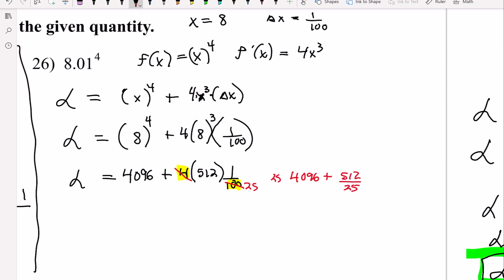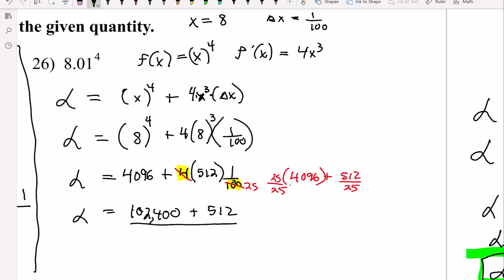So I'm going to have to multiply this top and bottom by 25. 25 times 4,096, that's what I have. Plus 512.